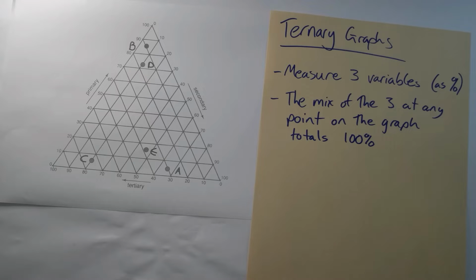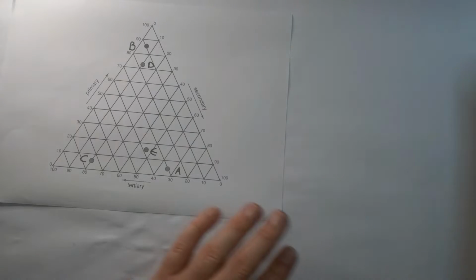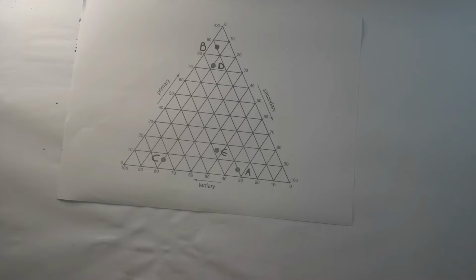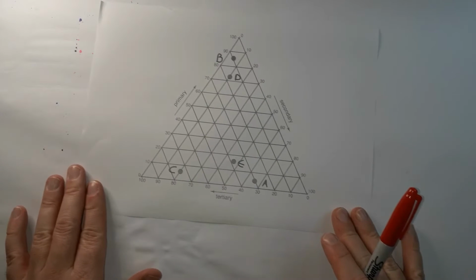Reading a ternary graph is a little bit tricky at first, so I'll go through the basic steps that I use when I first encounter one. So I'll show you on this ternary graph my basic steps, and then we'll have a look at some practice questions.